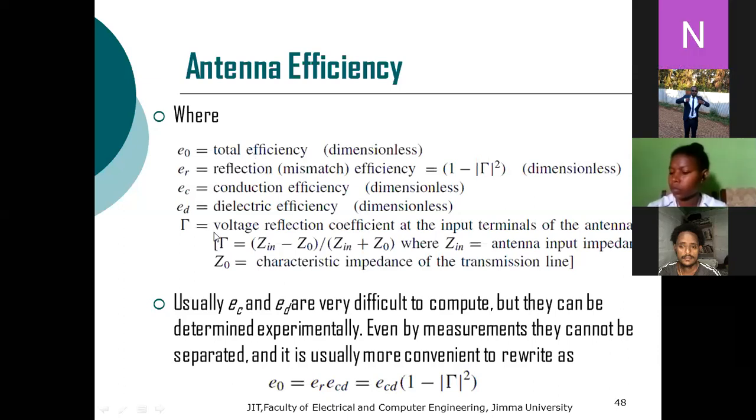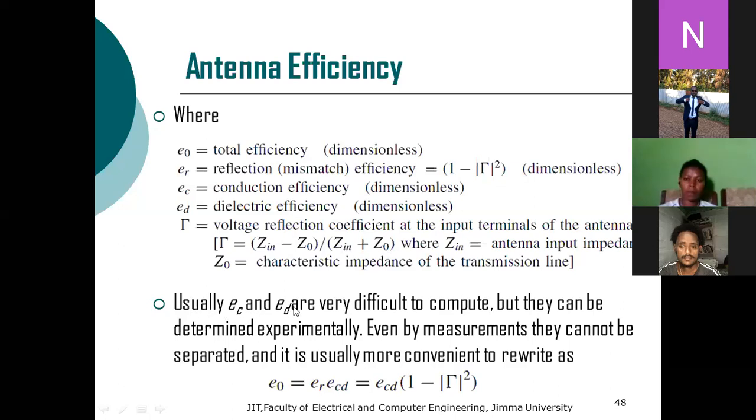We have here the voltage reflection coefficient, which is calculated at the input terminal of the antenna and can be expressed in terms of the input impedance and the characteristic impedance of the transmission line. We can rewrite the voltage reflection coefficient in terms of this impedance.